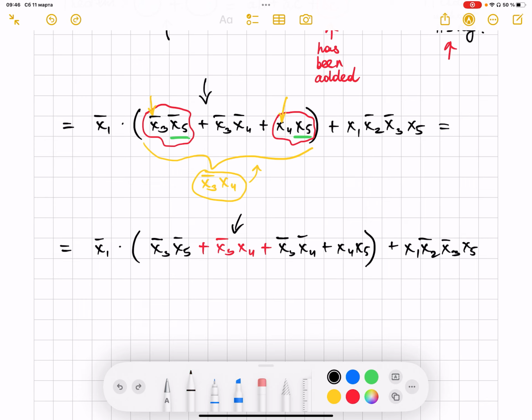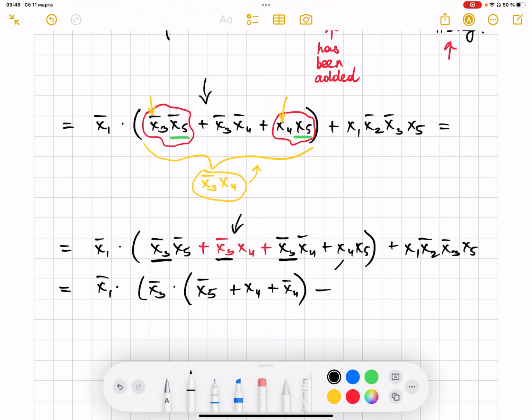I see that I can take this x3 out of the bracket, and this x3 out of the bracket, and this also out of the bracket. So let's consider this case. For example, x3 bar, not x3, but x3 bar. So we are left with x5 bar plus x4 plus x4 bar.